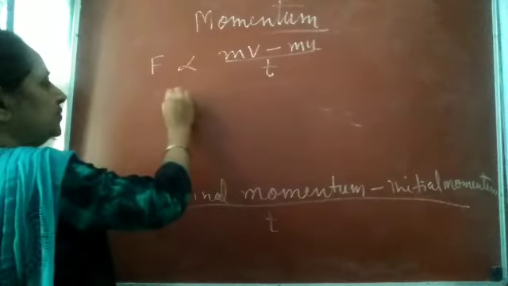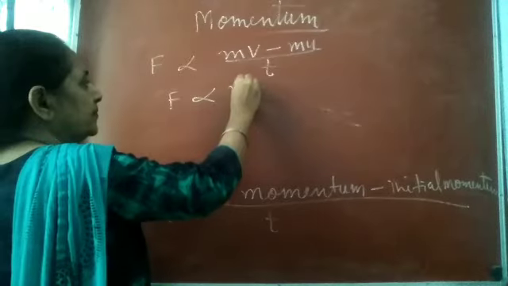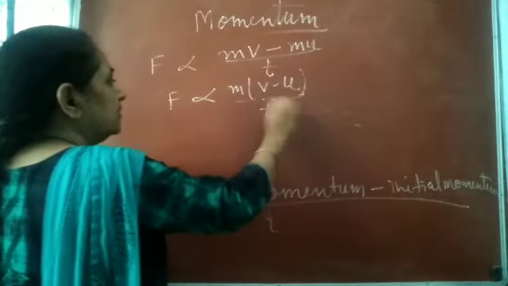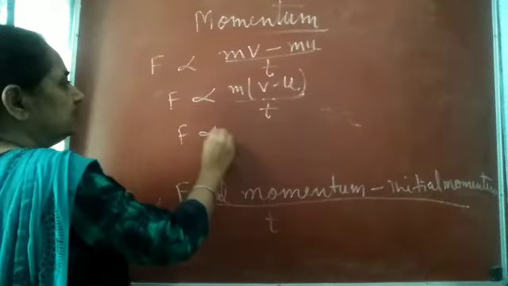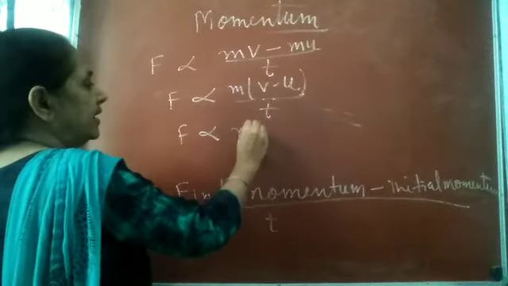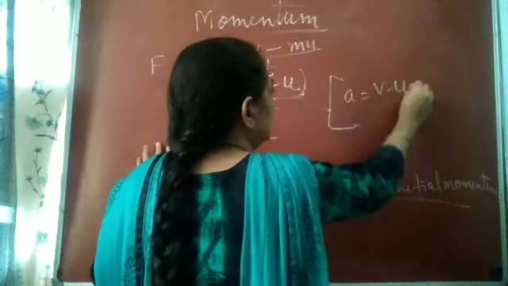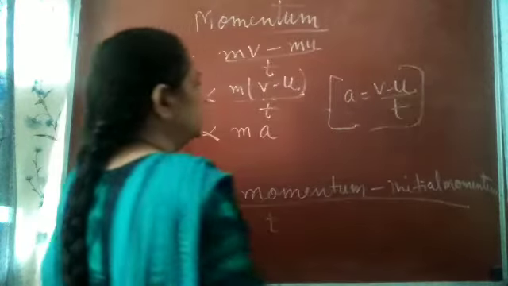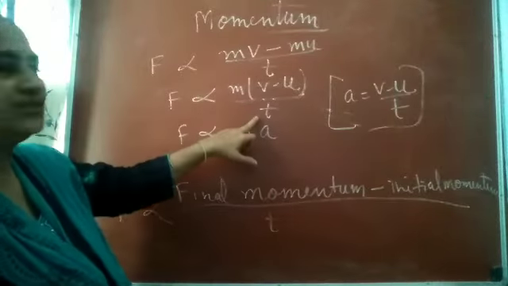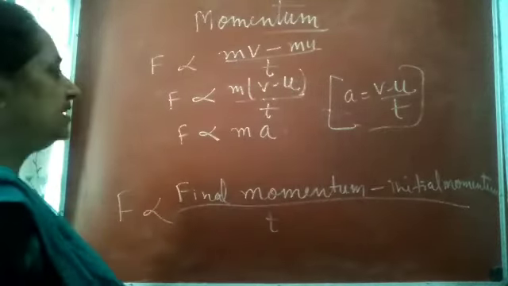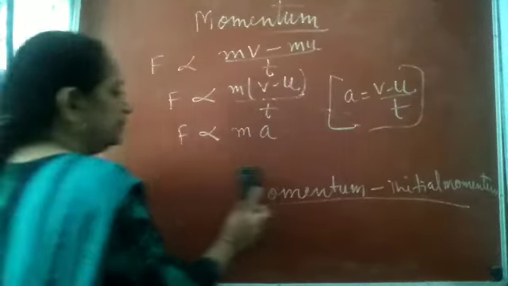So this will give you m common, (v minus u) by t. According to the first equation of motion, a equals (v minus u) by t, so in place of this we substitute a. So F is directly proportional to ma.